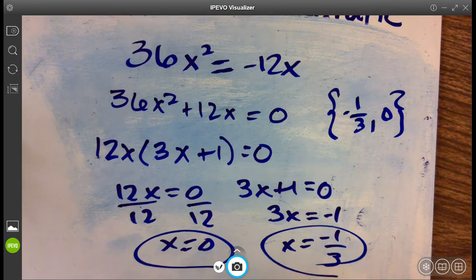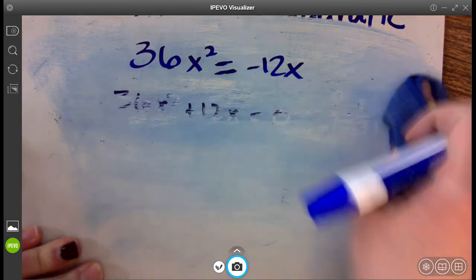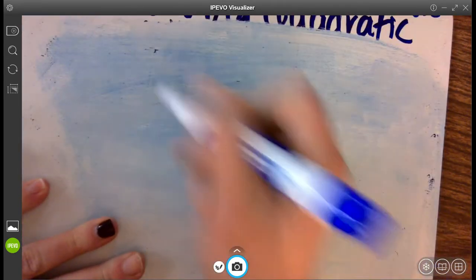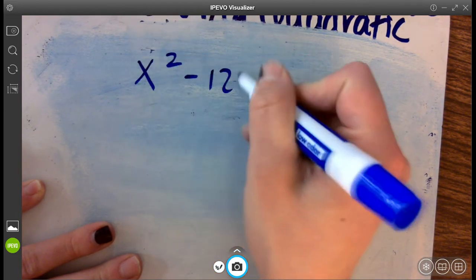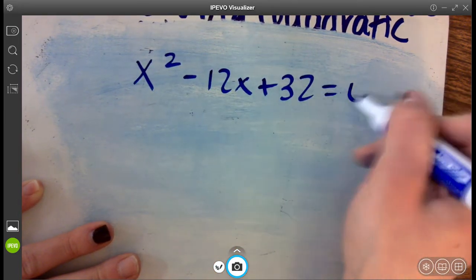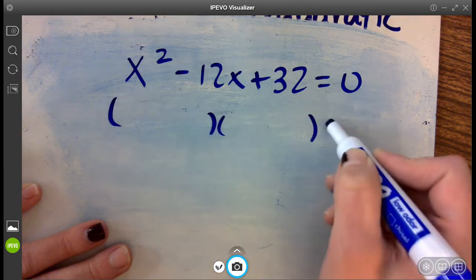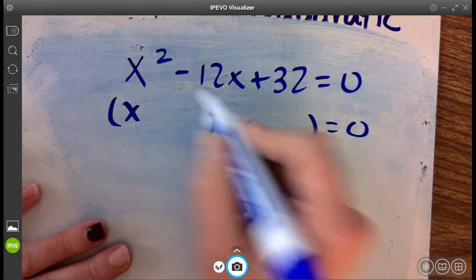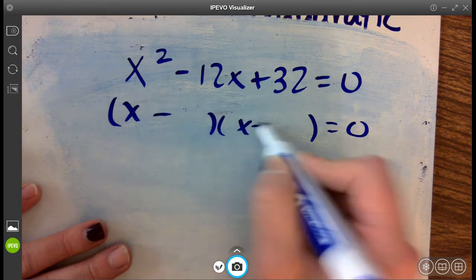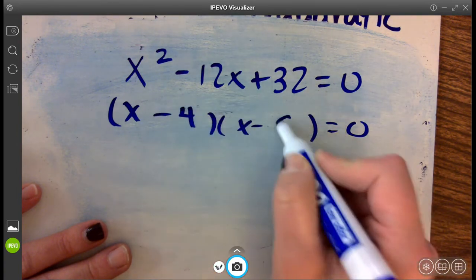Okay, I'm going to do two more. x squared minus 12x plus 32. We don't have a GCF here. If there's no GCF, we see it's a trinomial. We also see there's 3 terms with a plus in the back. That means it's going to be minus minus. Factors are 8 and 4.